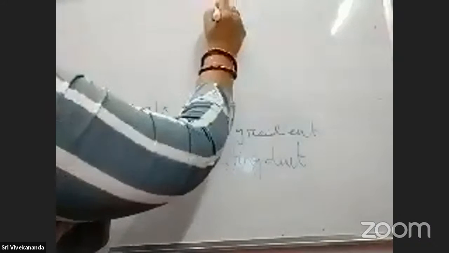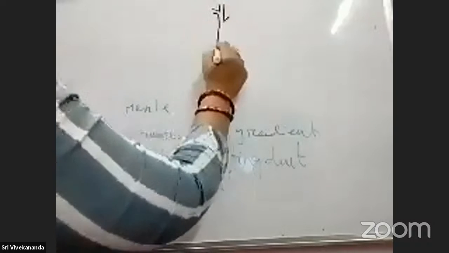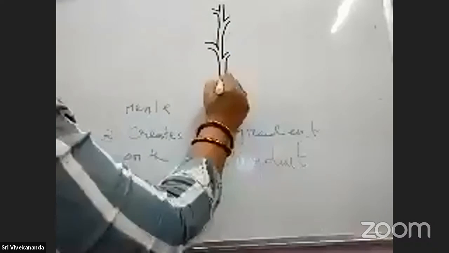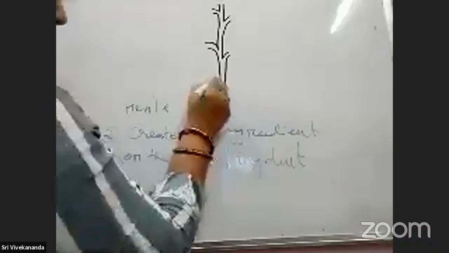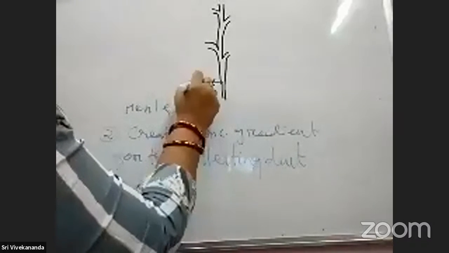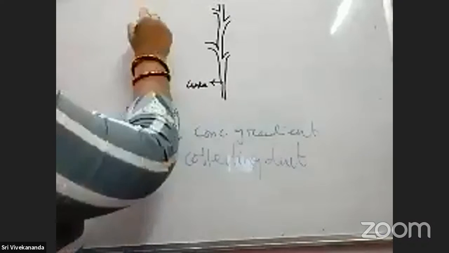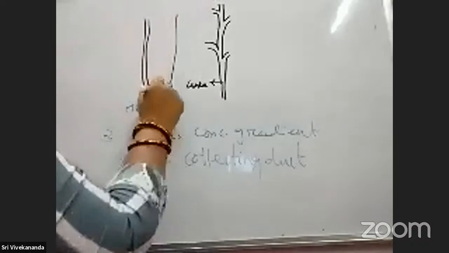Suppose this is our collecting duct. From here water also gets released, and a small amount of urea from the filtrate also gets released.